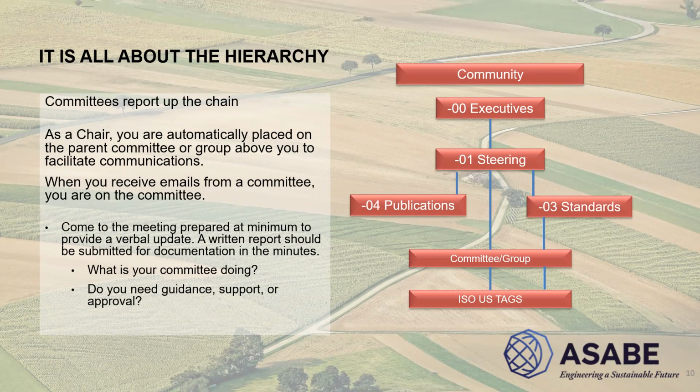But if you are active in any of the other technical communities, you'll probably notice that there are subcommittees which report to their parent committee. One thing I do want to point out, though, is that your committee group for 701, 702, 703, 707, or 280 needs to report up to your steering committee.